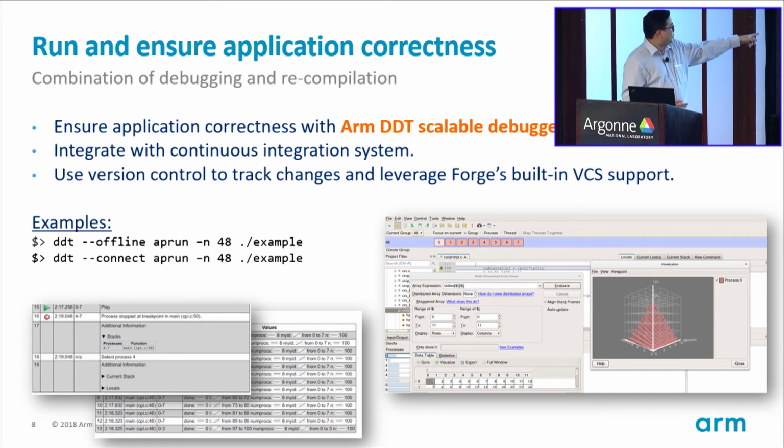Anytime there's either a manual breakpoint that you specify, or a crash in your code, DDT will take an instantaneous snapshot of that moment and show you the local variables and the stack backtraces and things of that nature, so that you can refer to it at a later time when you have a chance.